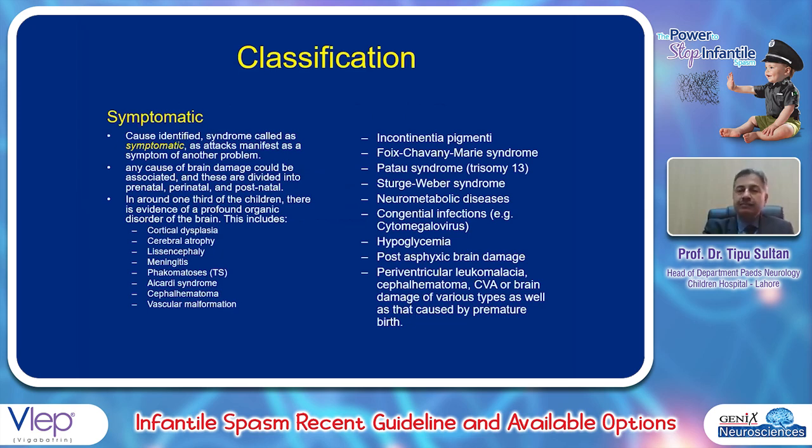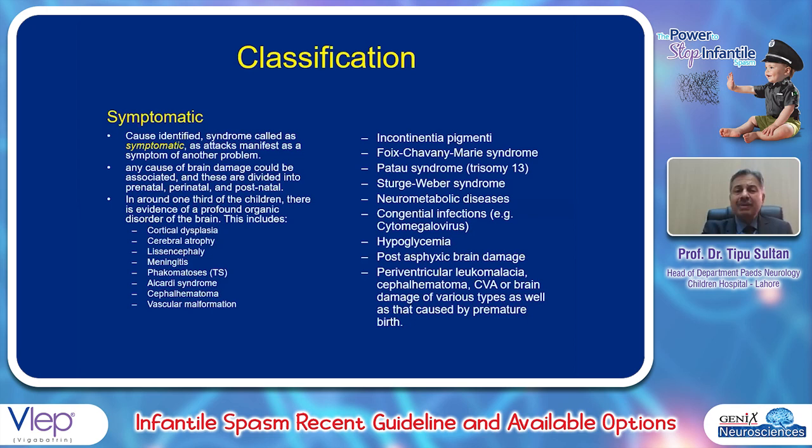In up to half of the patients, we are able to find the exact underlying etiology, and this symptomatic group is growing every day, because of advancement in genetic services, high quality imaging, and metabolic testing. So even in developing countries, we are still able to find the exact cause in more than 50% of children.